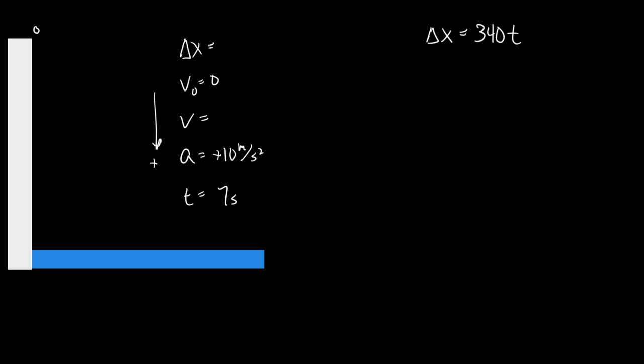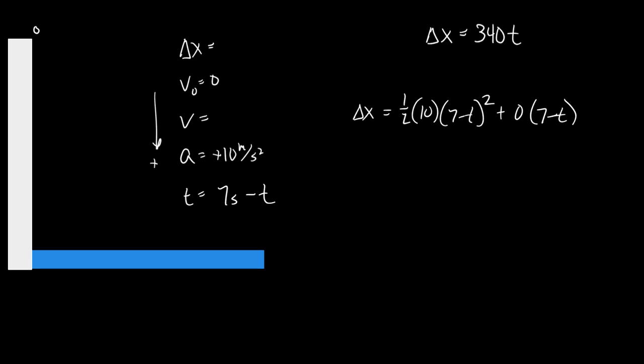However, we could suggest that the time it takes the pebble to fall is 7 seconds minus t, minus the time it takes the sound to come back up. If we do that, this creates two relationships that have both displacement and time.